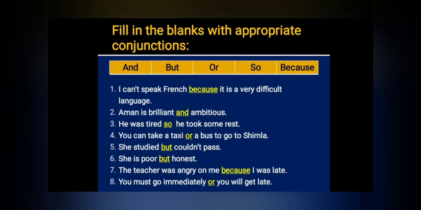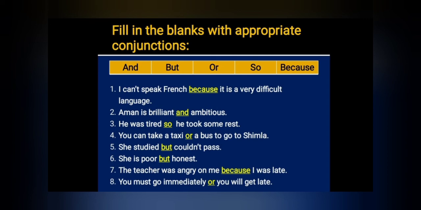Next is, Aman is brilliant and ambitious. Two alike ideas have been combined here with the help of the conjunction and. Aman is brilliant, Aman is ambitious.